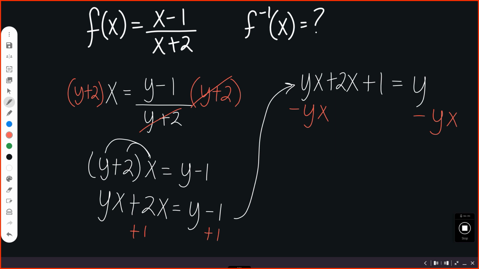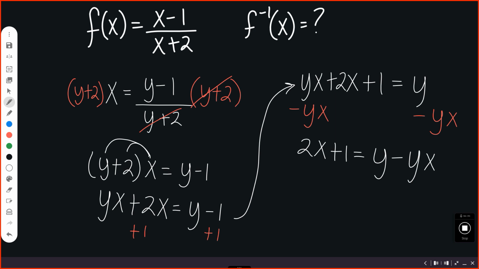Because that means you have to divide by y here, by y here for the 2x, by y to the 1, and by y here. It's just going to mess things up. So let's first move all of it. Once we move that yx, we're left with 2x plus 1 equals y minus yx.